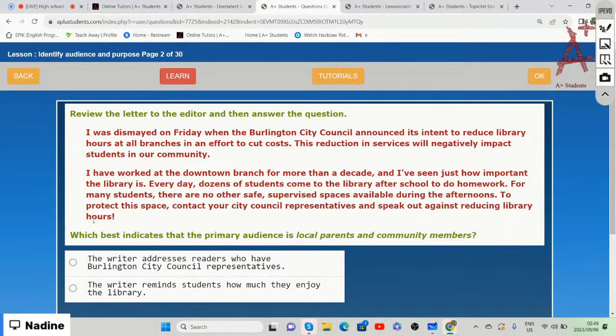So in this case, we mentioned that the local parents and community members are the target audience within this text. So now they want to know which best indicates that the primary audience is local parents and community.